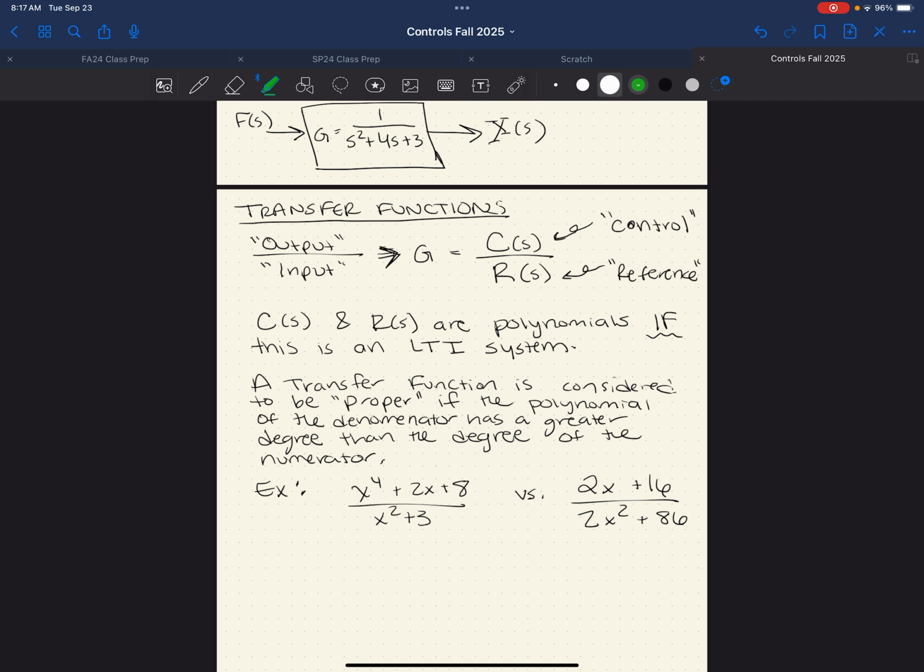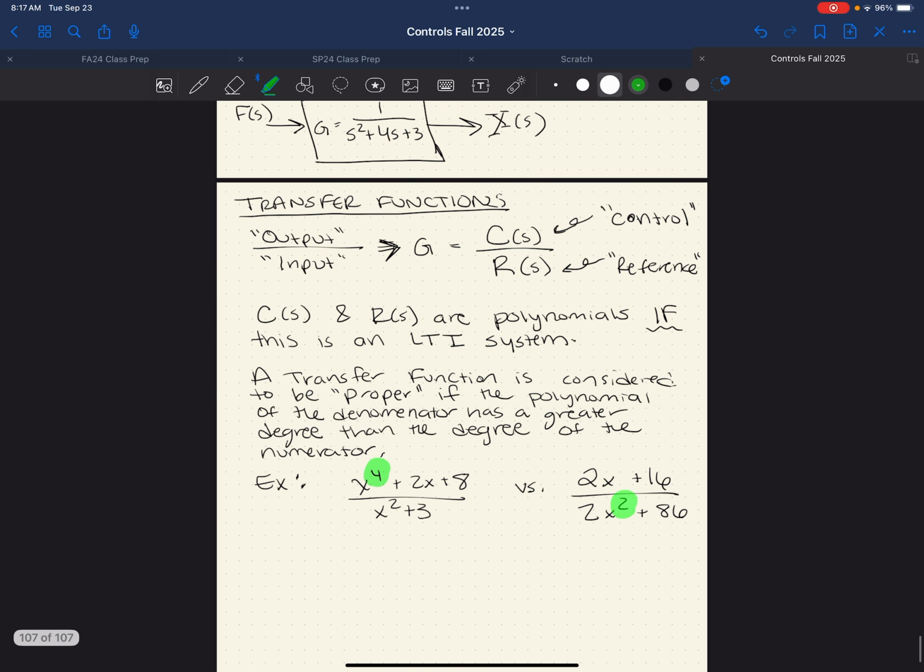Well, this one on the left, x has a greater exponent in the polynomial on the numerator, which is the opposite of what we want. We want the greater exponent to be in the denominator. Okay, so this one is what we would call proper. And this one would be not proper on the left.